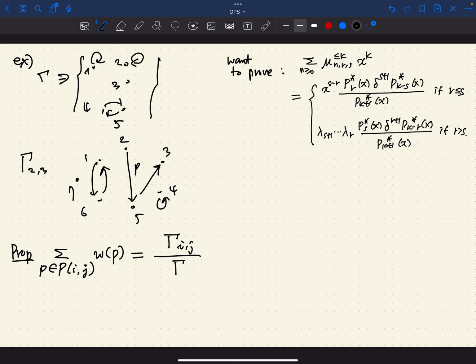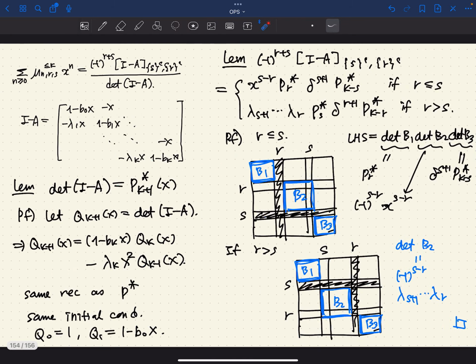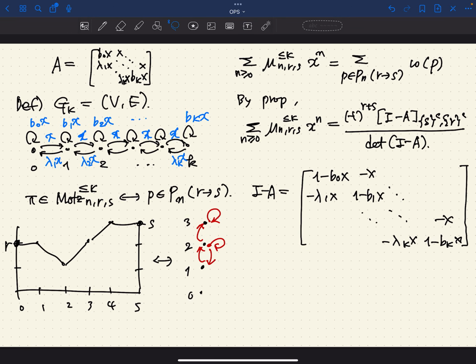Okay. So we need a setup. We define GK as before. So this GK is like 0, 1, 2, up to K. And then the graph is, maybe I can just copy the whole graph.